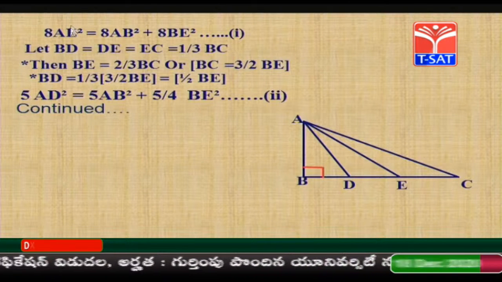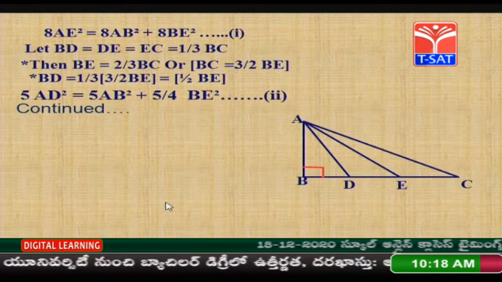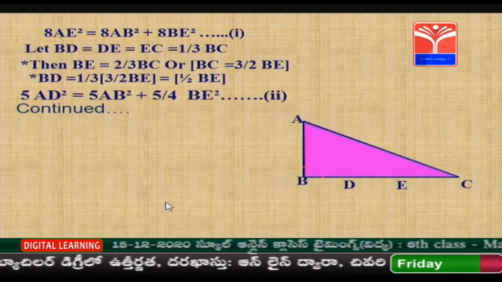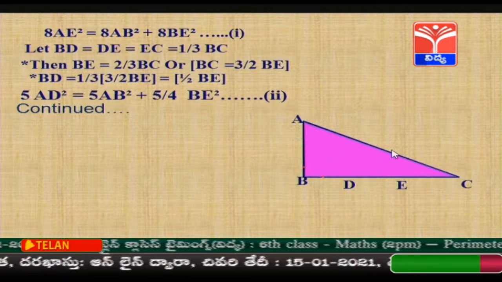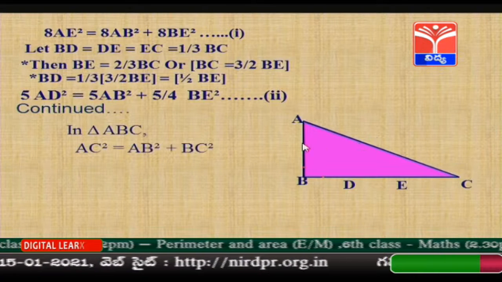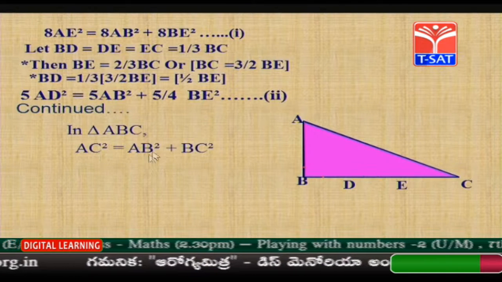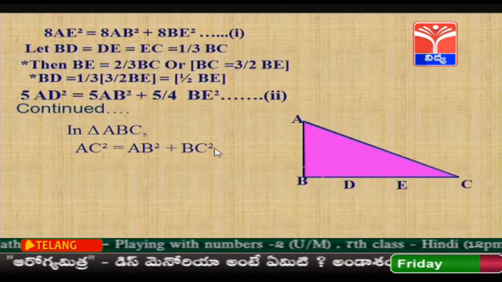Now, continue. The 2 equations I have written on the previous slide, and I am continuing proving this problem. I am taking now ABC. In triangle ABC, AC is the hypotenuse and AB and BC are the other two sides. AC square is equal to AB square plus BC square.